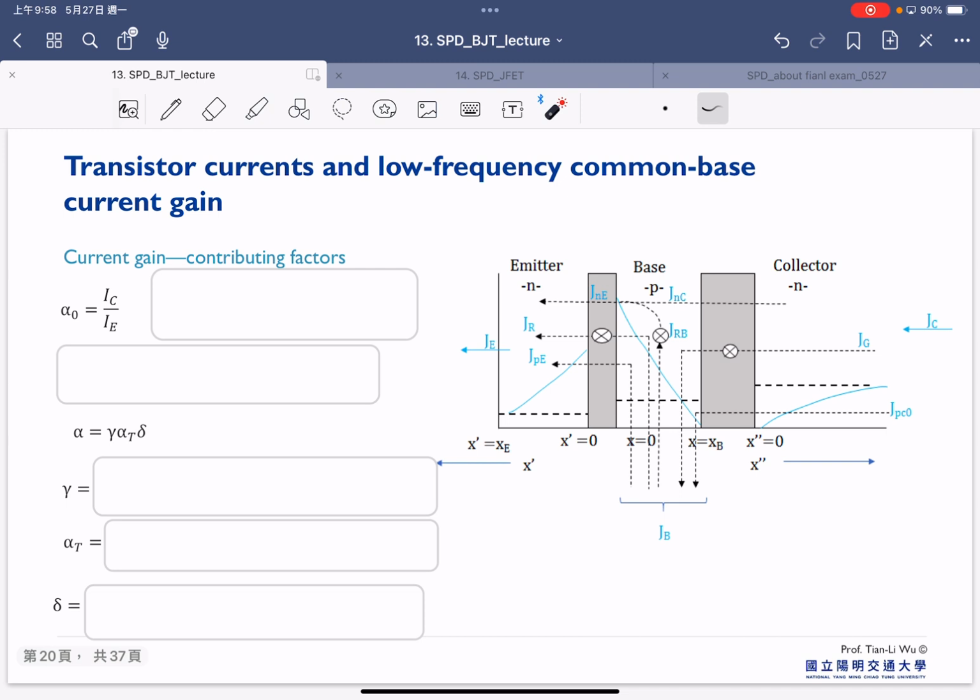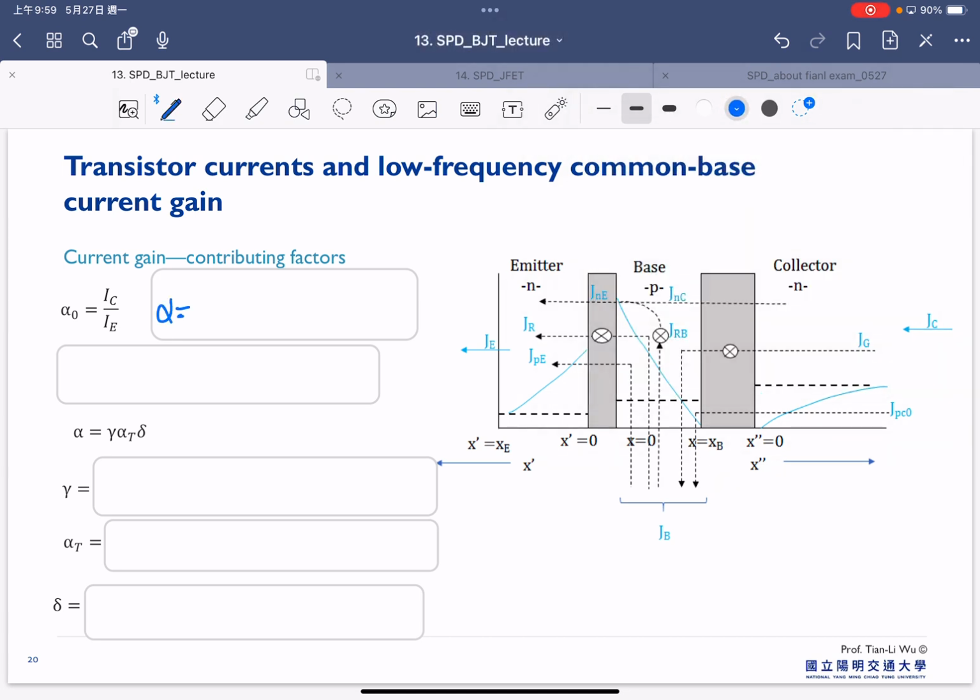As I said, in the end the goal is to understand what contributing factors give us a way to estimate the current gain. The first one we are interested in is alpha, which we defined as equal to the collector current over the emitter current. So now we have to understand what factors contribute to the collector current and the emitter current here.